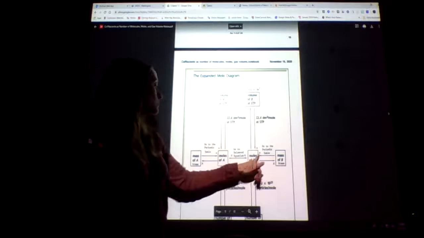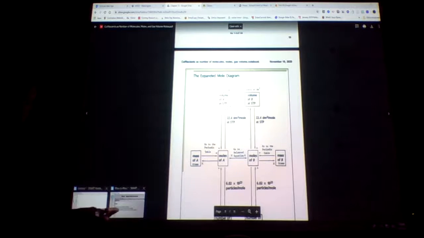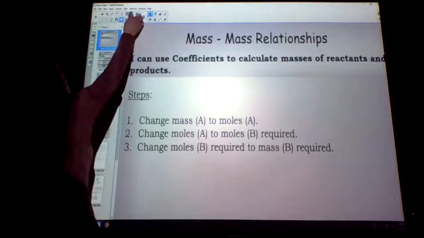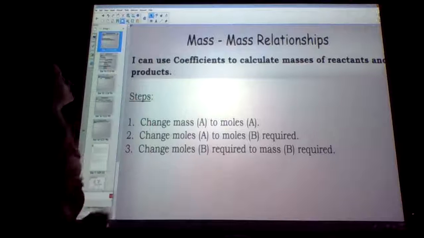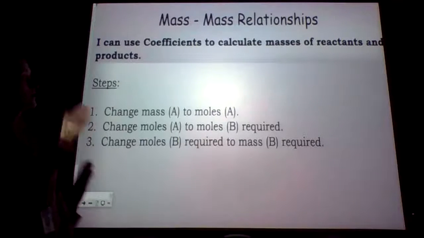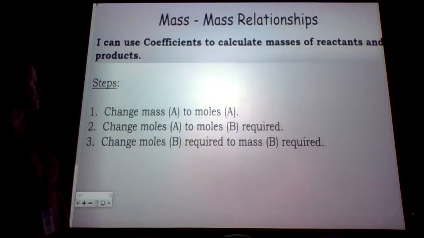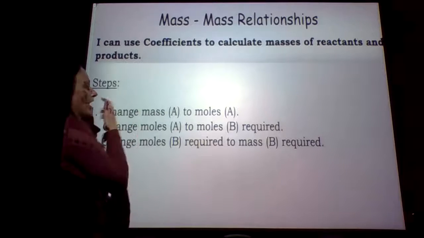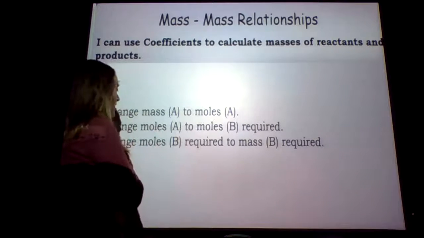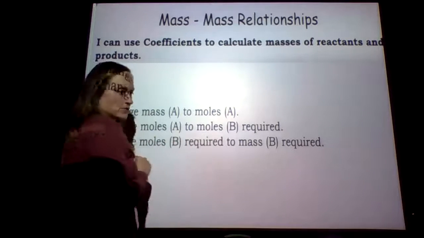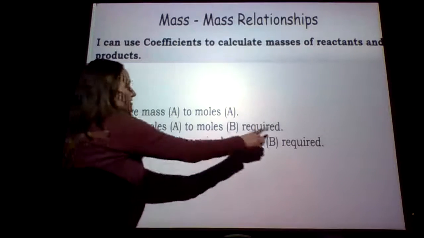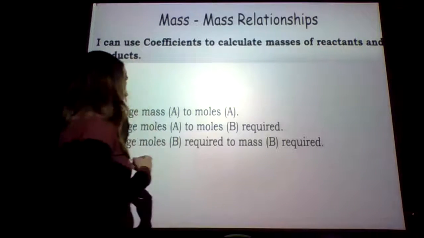Then we're going to go moles of B to mass of B. So the steps for our mass to mass relationship is where we change the mass of A, our given, to moles of A to moles of B, moles of B to mass of B, which is what we're trying to find.